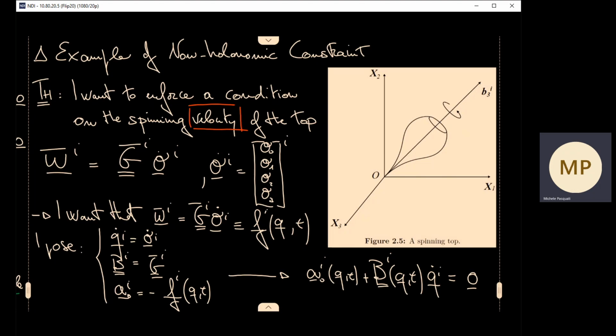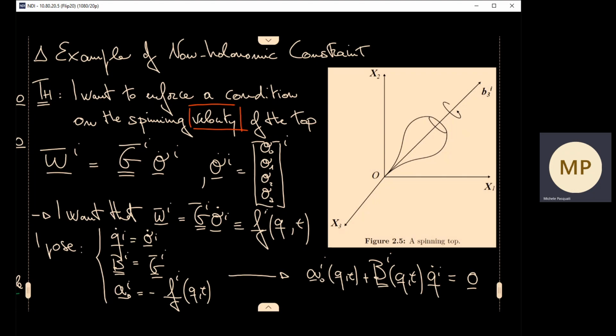So holonomic constraints limit the configuration. Non-holonomic constraints limit the motion. Do they have the same effect in reducing the number of parameters which I can set independently from all the others? What do you think? Holonomic, we constrain the position and the configuration.